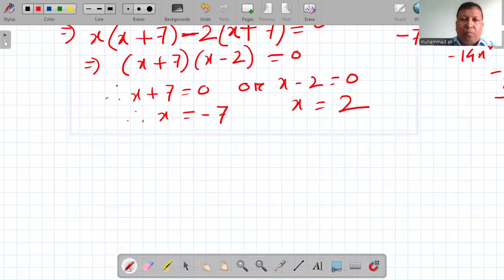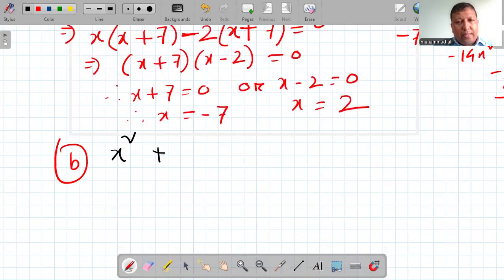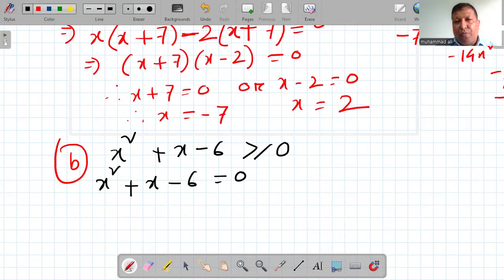Now, question B. B is x squared plus x minus 6 greater than or equal to 0. So, like the previous one, we want to solve it like the equation x squared plus x minus 6 equals 0.